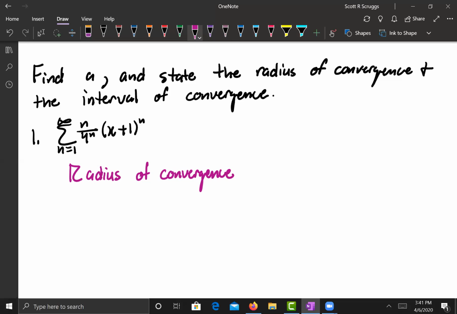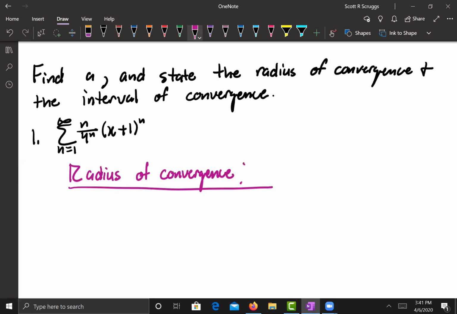Now, unlike with the series we talked about in chapter 10, where it's pretty straightforward how we determine convergence or divergence, for a power series that becomes a little bit more subtle thing to check.